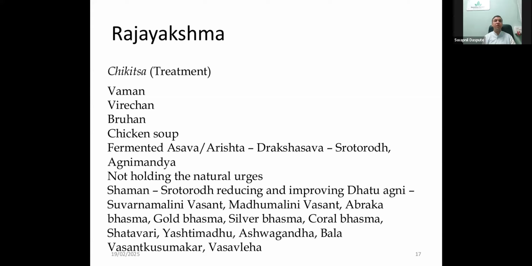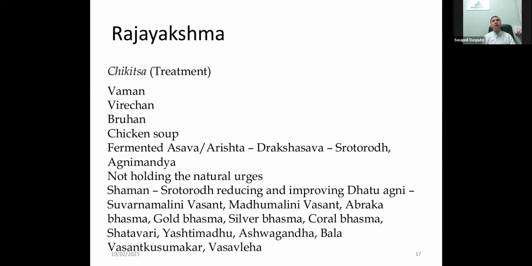In patients, otherwise also when we see Agni-mandya as one of the strong symptoms, we give asavarishtas. In this case, Drakshasava or Draksharishta, but otherwise there are so many asavarishtas, I'm sure you are aware. Those are planned in the treatment in order to improve the Agni.